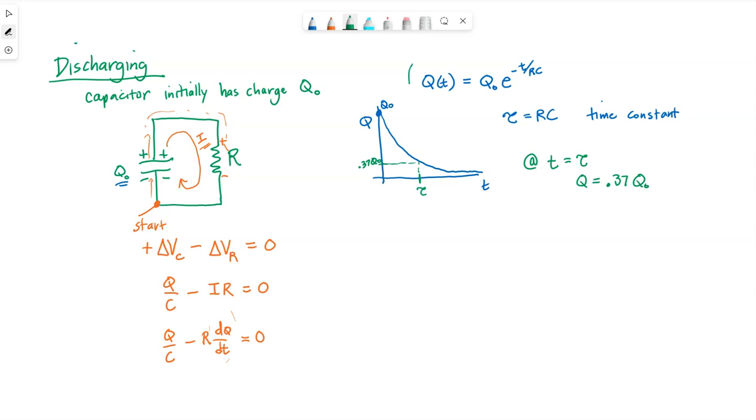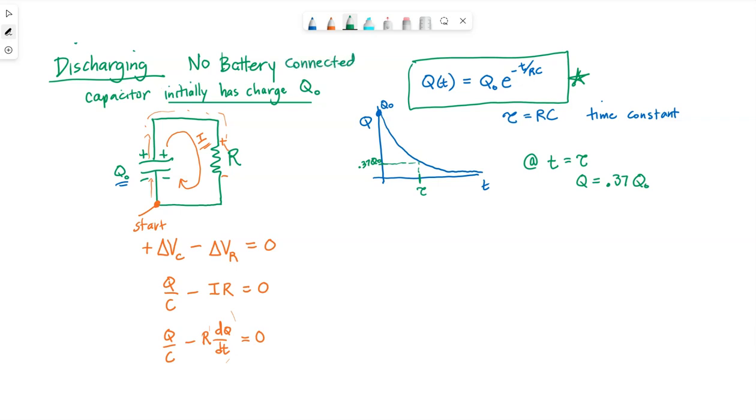Okay, this equation is the new equation specifically for discharging. A discharging circuit, we have to start with an initial charge, but a discharging circuit has no battery connected anymore.